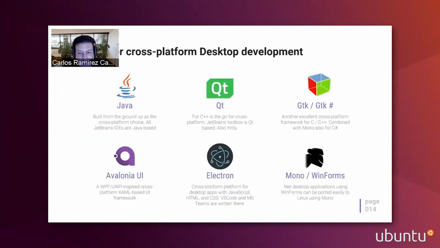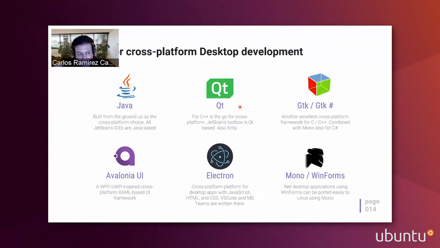Okay, so I mentioned one technology. There are many more, and they all run in WSL. Java was created from the ground up to be a cross-platform language, and JetBrains IDEs and Eclipse and many others are Java based. We have also what we've seen, Qt.